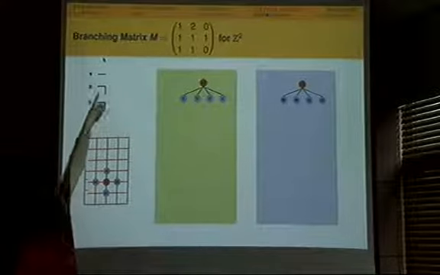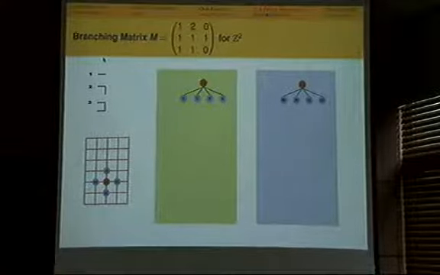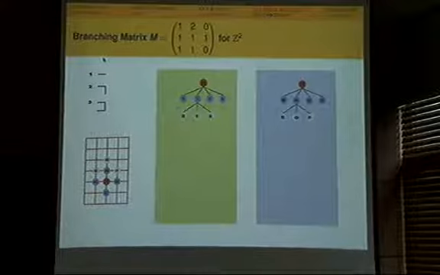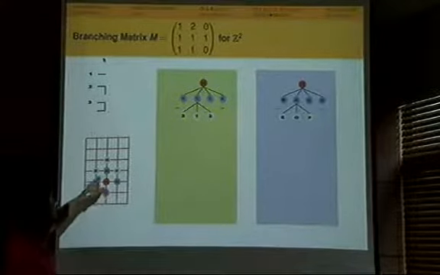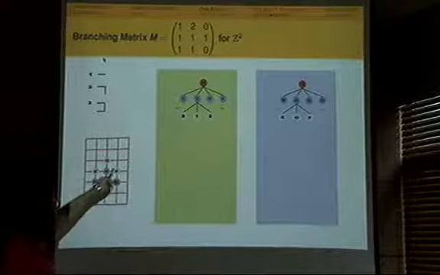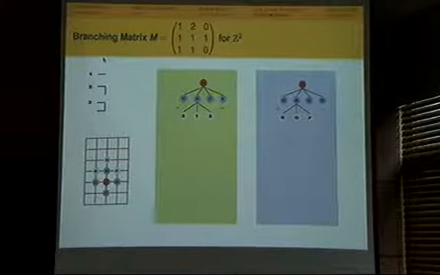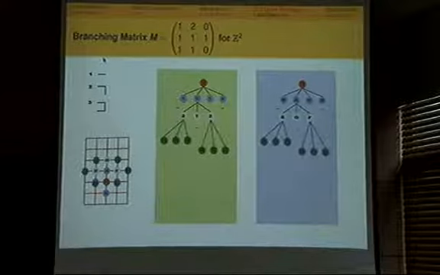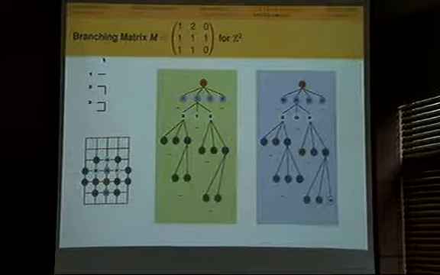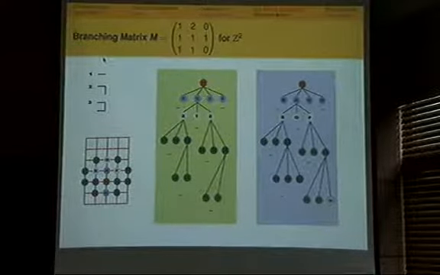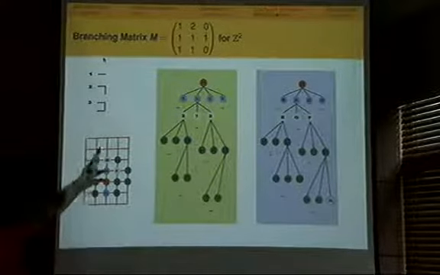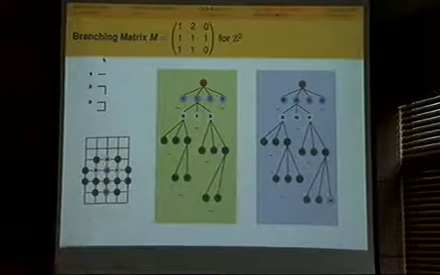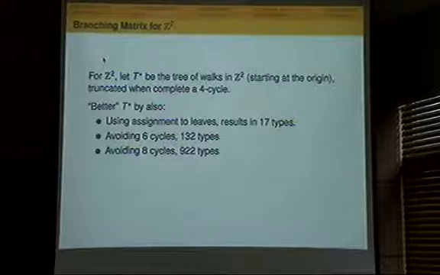It corresponds to that. And then 2 of the children are of type 2, and 1 is of type 1, and so on. And so it turns out that you can have this simple structure and you can capture the self-avoiding walks of Z2.